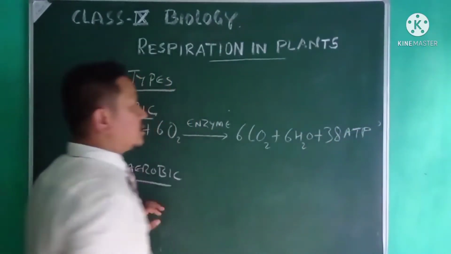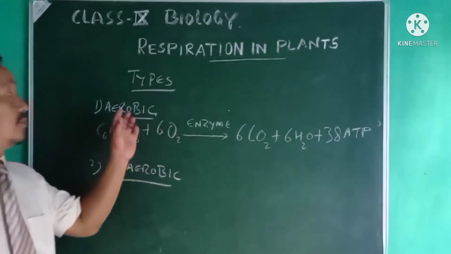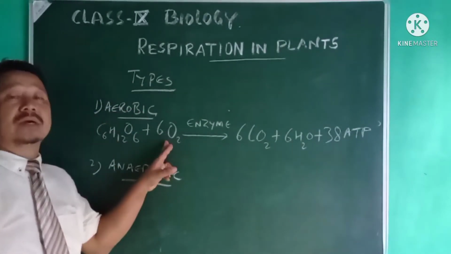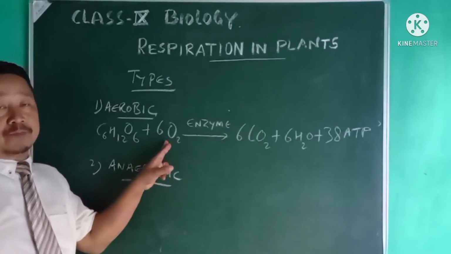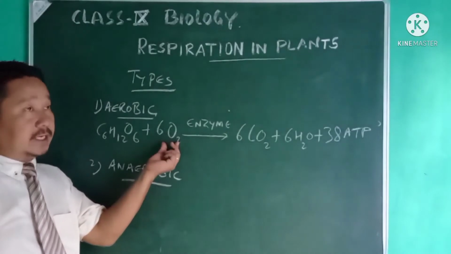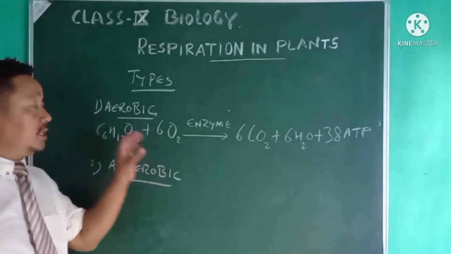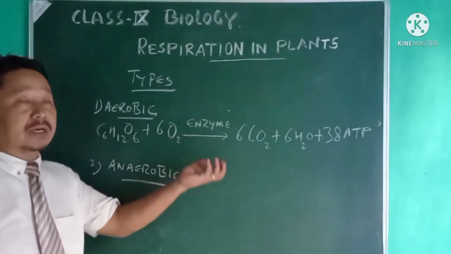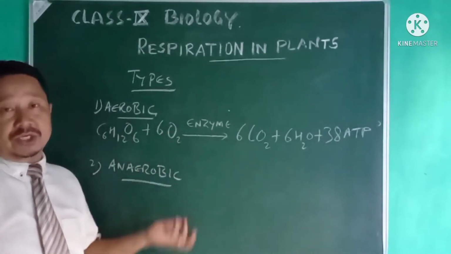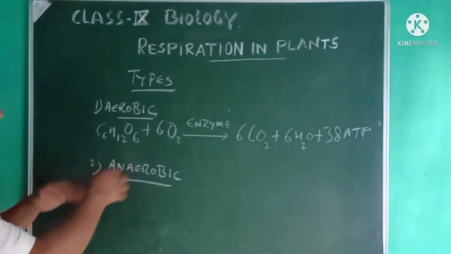This is the complete chemical equation of aerobic respiration, where you can see the role being played by oxygen. Oxygen is very much important. In presence of free oxygen only, the process can be continued. If it is not there, then the process will stop.